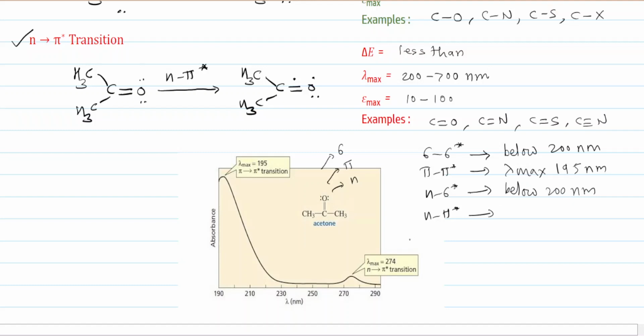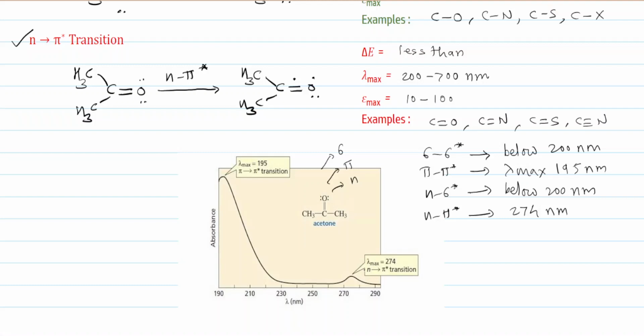And n to pi star transition, it is observed at 274 nanometer, but the epsilon max is very much less. In this way, we can have four different types of allowed electronic transition, that is sigma to sigma star, pi to pi star, n to sigma star, and n to pi star.